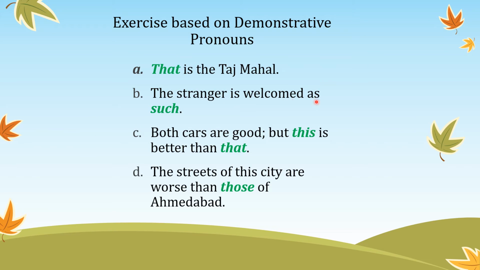The stranger is welcomed as such. It may be in any way or any gesture. So, such. Both cars are good, but this is better than that. You have two cars, one at the nearest and one farther away or behind that car. If one car is in the front, which you can touch, and one is just behind it, I would say this car which is near to me, that car which is away from me.